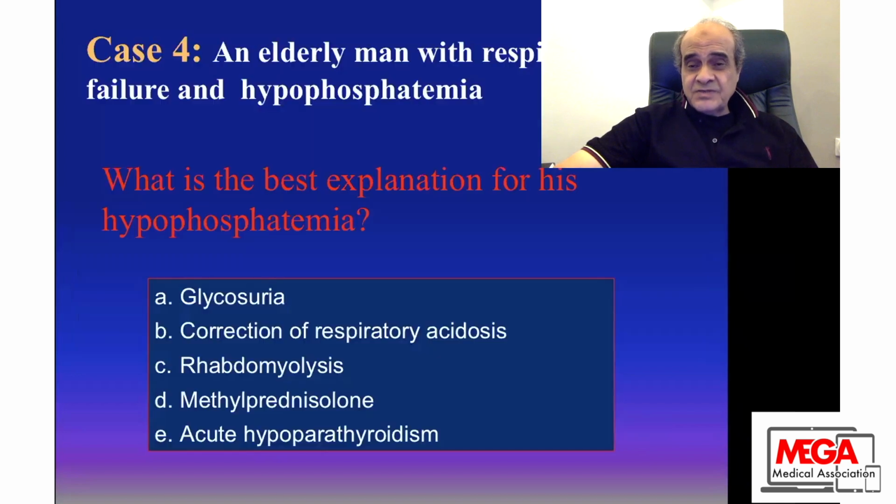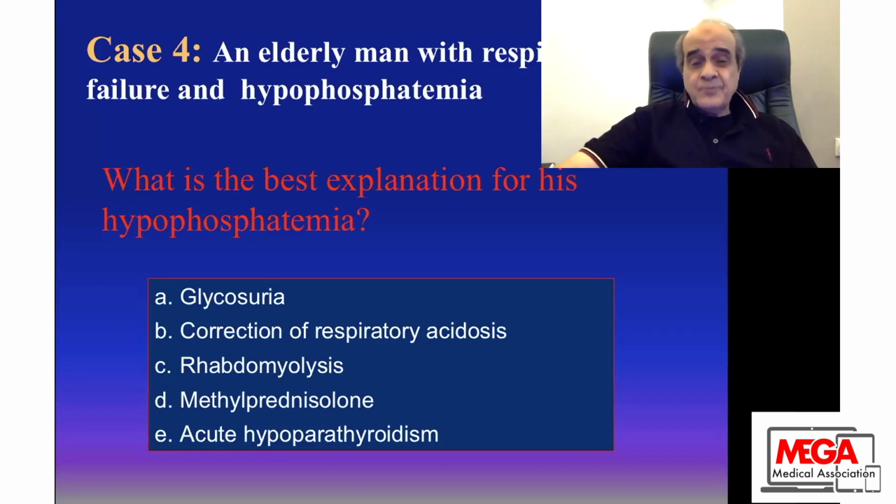And so it is not associated with glucosuria. Osmotic diuresis always causes high fractional excretion of phosphate. The second point, correction of respiratory acidosis, I think so. It is common in cases of hypercapnic respiratory failure: when you correct the hypercapnia, you will find your patient suffering from hypophosphatemia. Rhabdomyolysis will increase the phosphate level, not decrease it.